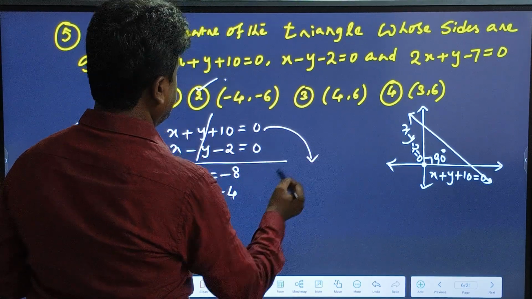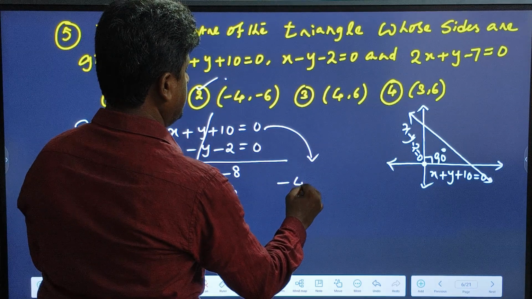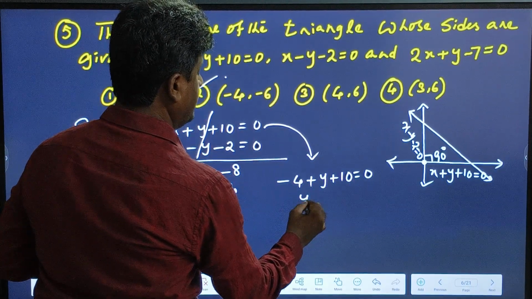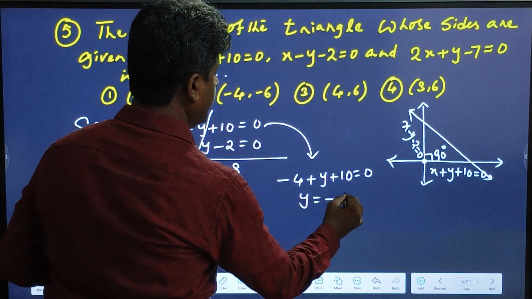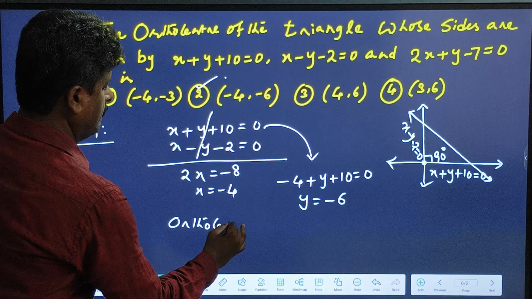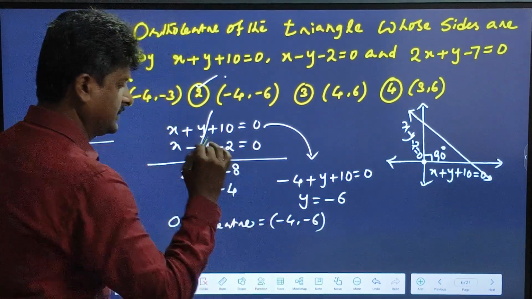On substituting x equals minus 4 in any one of these two equations, minus 4 plus y plus 10 equals 0, y equals minus 6. Therefore, the orthocenter is minus 4 comma minus 6.